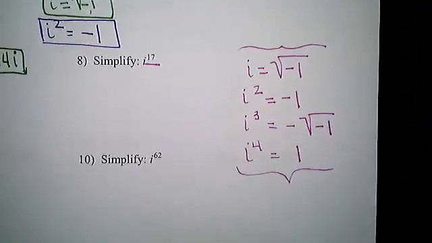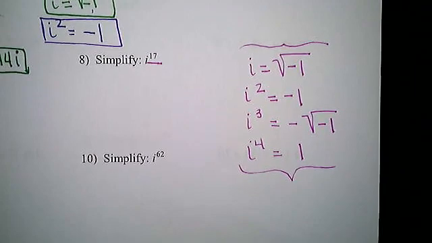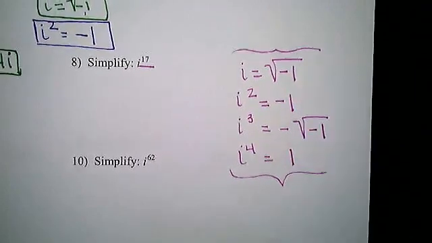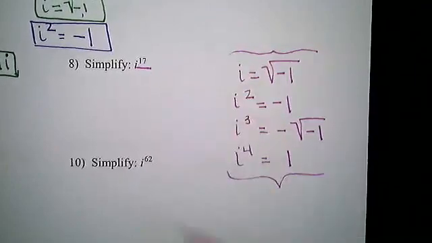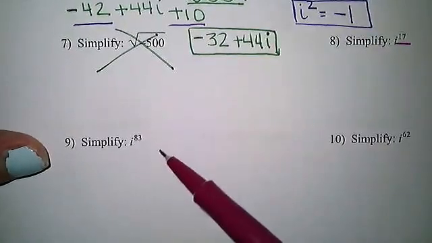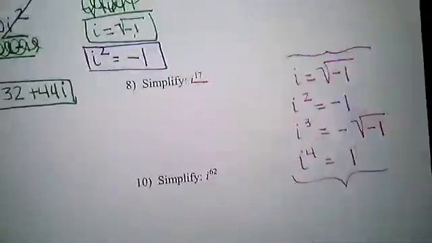I'll show you why it repeats itself if you want. I just don't want to overwhelm them with the math behind it, but all the powers do start to repeat. But it is awful. Does anybody in here want to count to 62 or to 83? No, I don't. Yeah, the math hack.